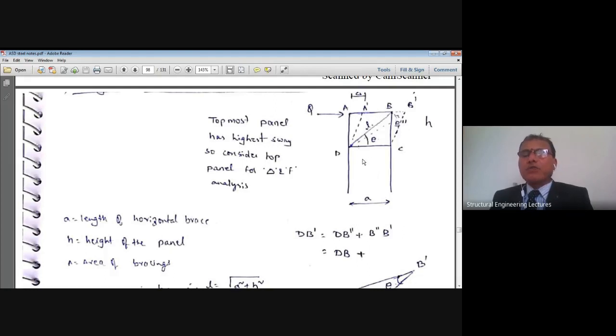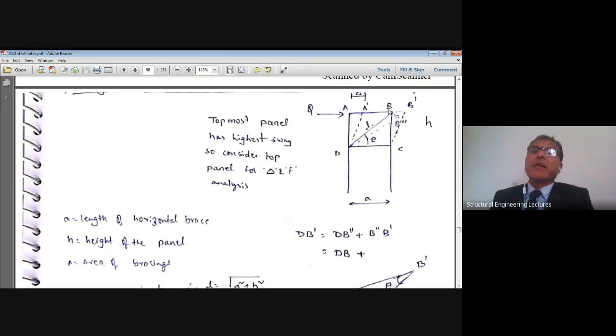Likewise, even if the bottom panel is also deforming, then the relative term will come into the picture. C will move to C prime and D will move to D prime as appropriate, right? I'm just illustrating with only one panel sway, right? B will move to B prime, A will move to A prime, the new position. The dotted line indicates the deformed shape. Now I'll connect this diagonal DB for the elongated deformed shape or elastic curve, right?